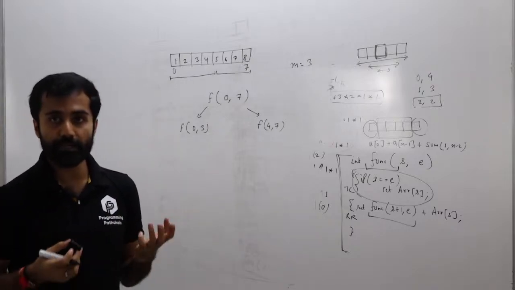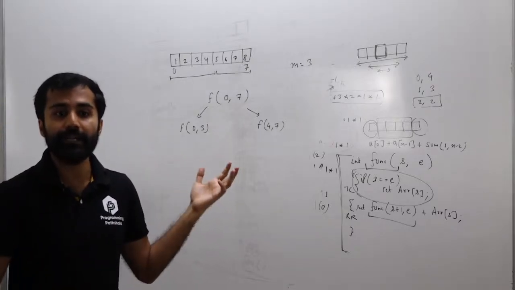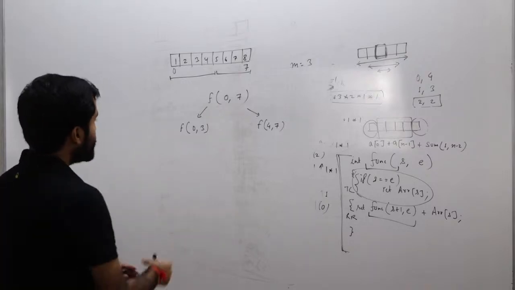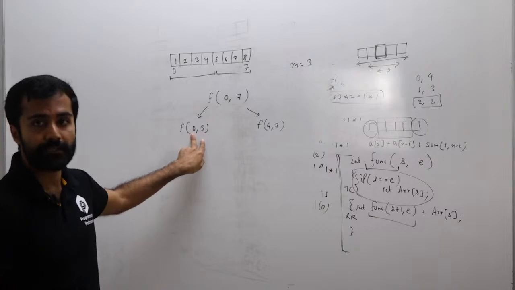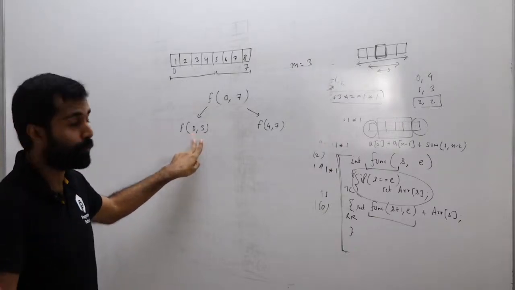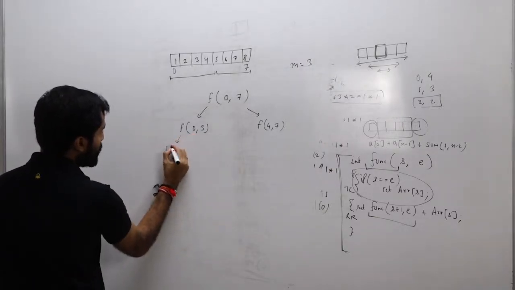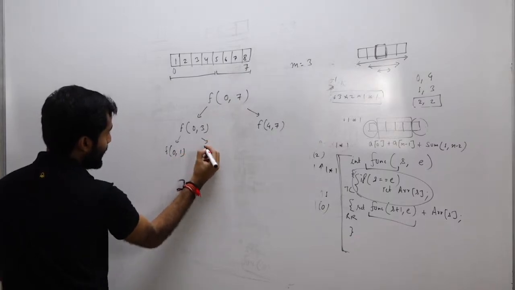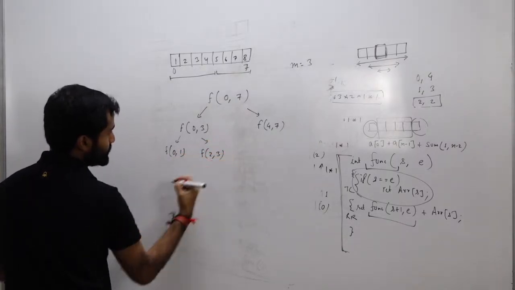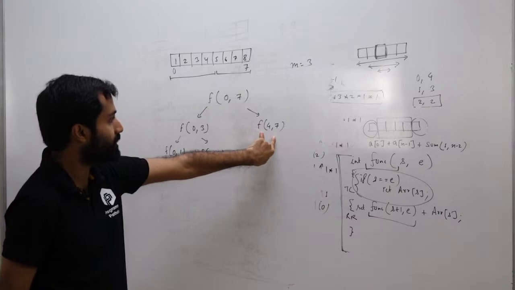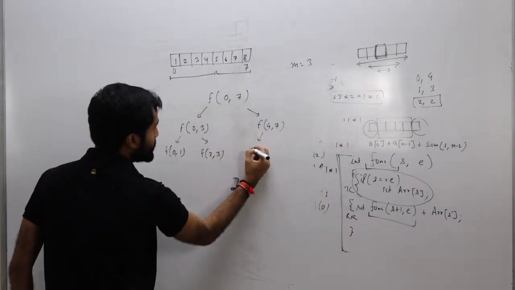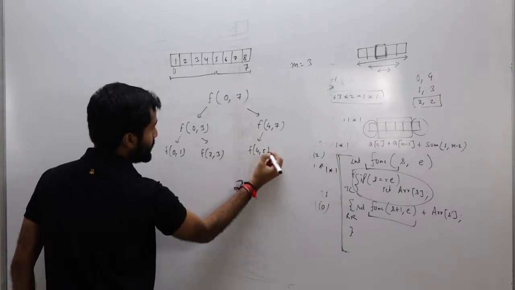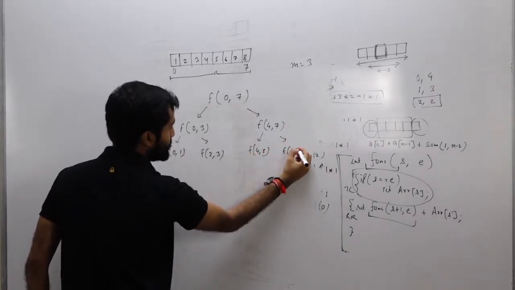Now again, because it's recursion, it will keep on repeating at each function call. So here also I'll figure out the midpoint. What is the midpoint of 0 and 3? 0 plus 3 by 2 happens out to be 1. So you'd end up making a function call from 0 to 1 and from 2 to 3. Similarly here, the midpoint happens to be 4 plus 7 by 2, which is 5. So you'd end up making a function call from 4 to 5 and from 6 to 7.